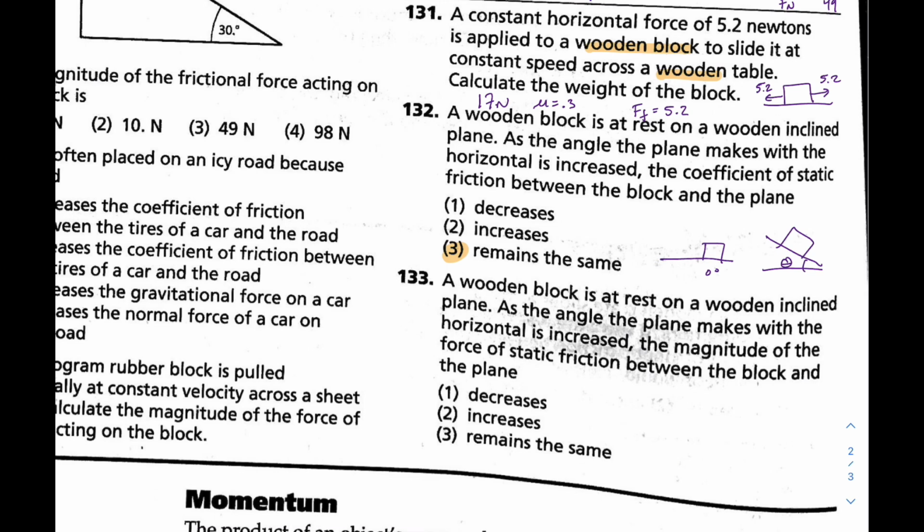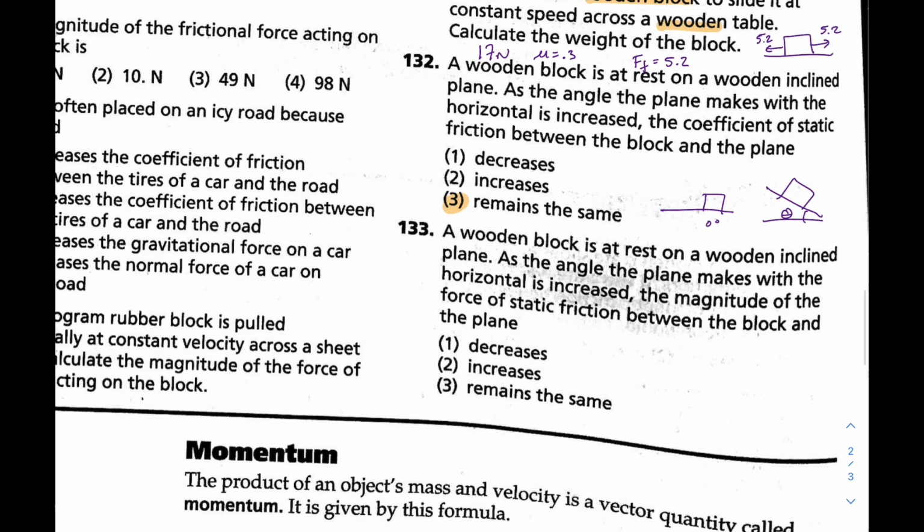All right, and the last one, same example, except we are saying the force of static friction. Now, this is a more complicated question that I'm not totally going to do justice right now, but looking back at these pictures, the normal force was one thing right here. Here it is. Now, when we increase this angle, the normal force is going to have to change because the amount of force applied is going to have to change. So here, the normal force is just equal to Fg.